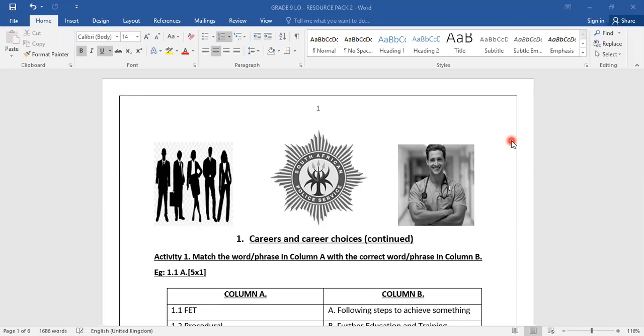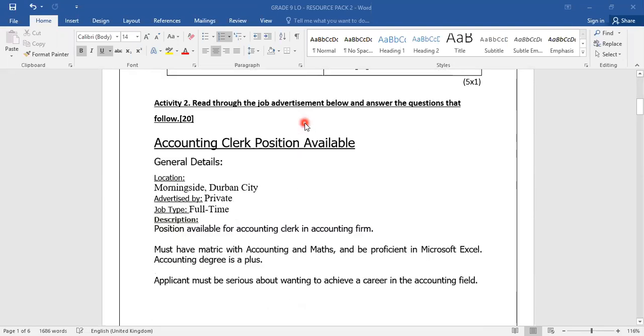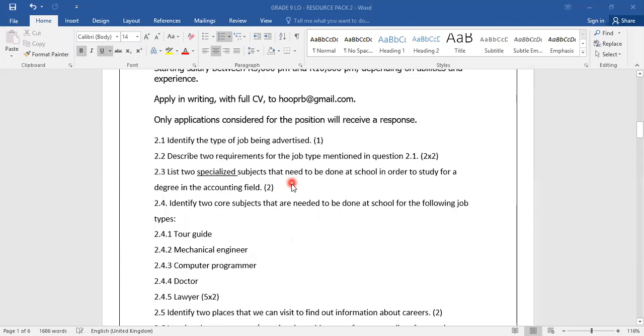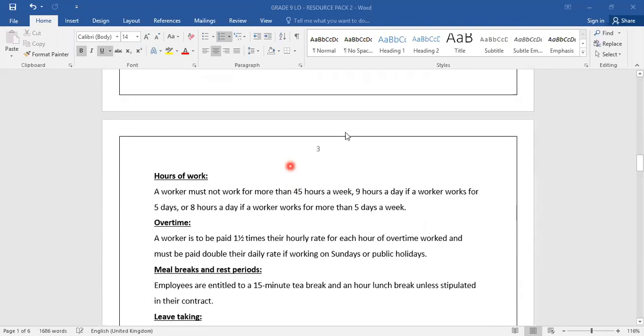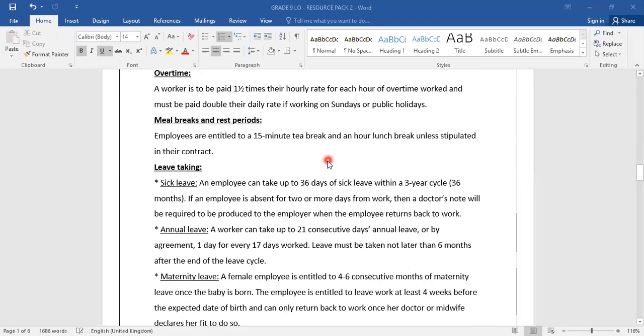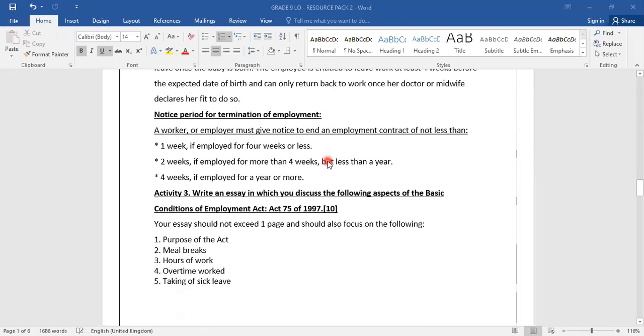Now, boys and girls, today we'll be focusing on page 1 as well as page 2 and finally page 3 of your life orientation resource pack booklet number 2.